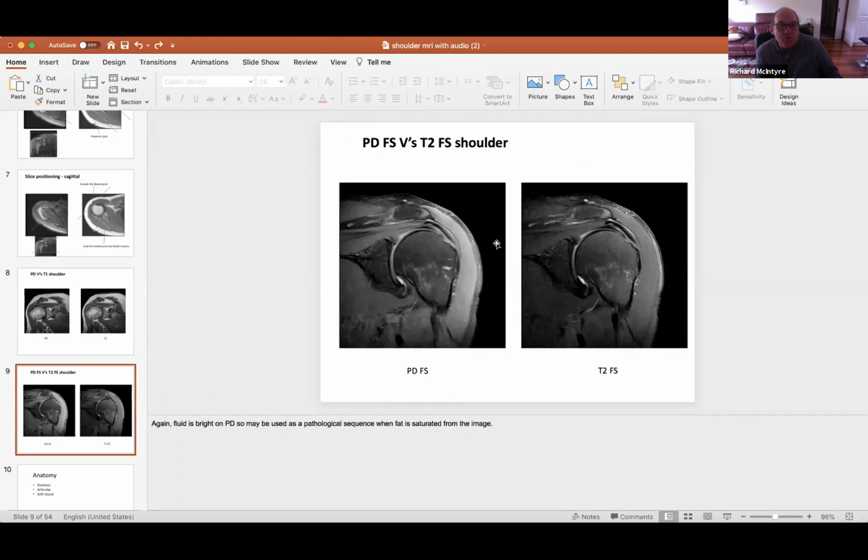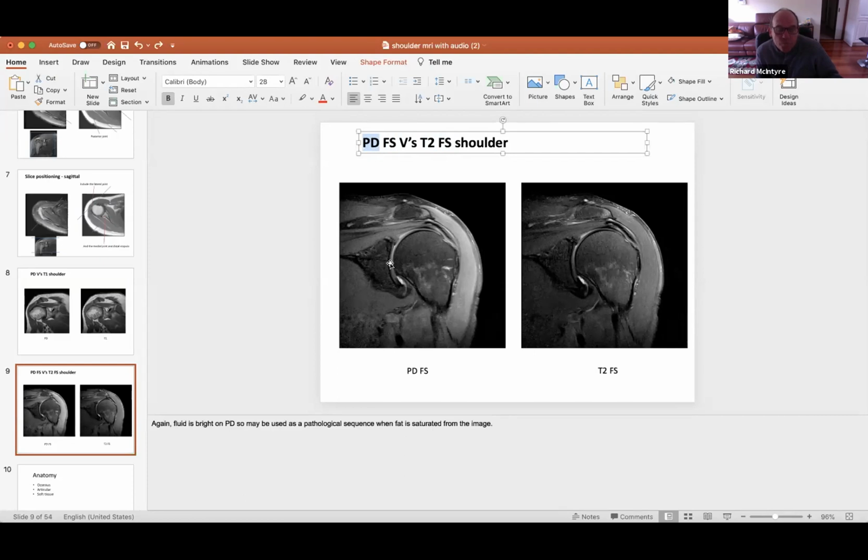On the other hand, we can see that the proton density fat sat and the T2 fat sat are very similar. Believe it or not, proton density can have various intensities of fluid, but with the intensities that we use in MSK imaging, the fluid is bright.